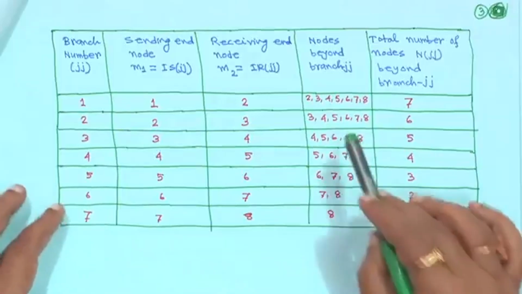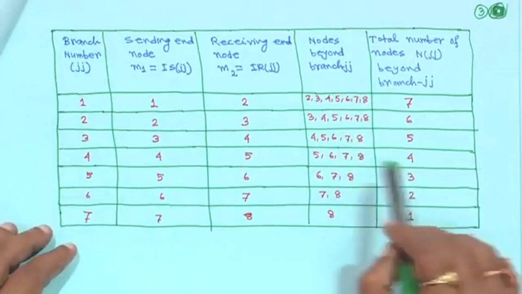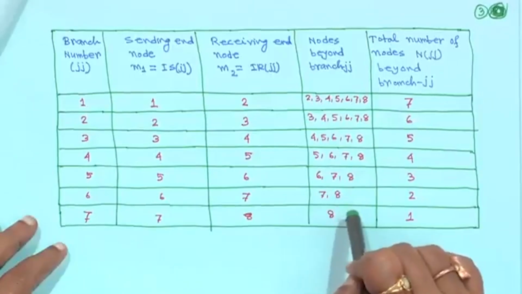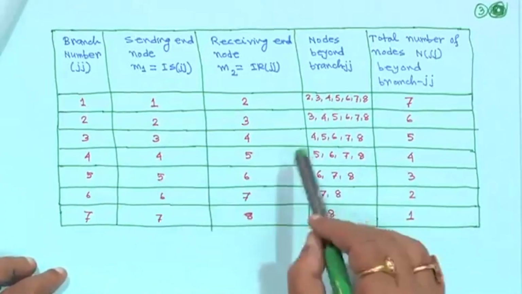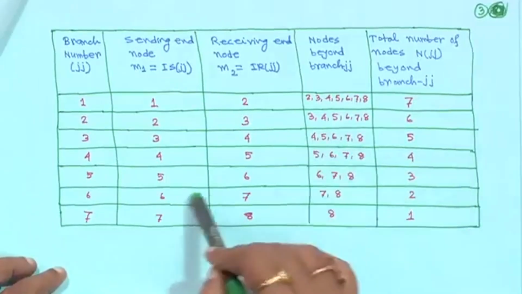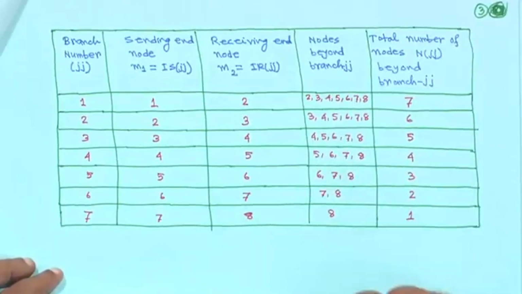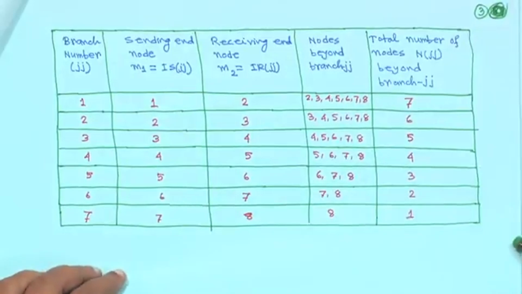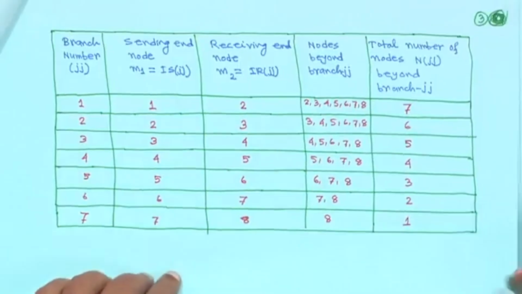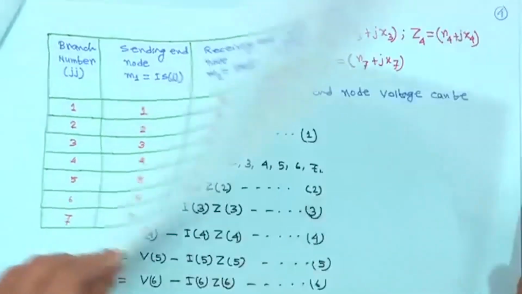You have to mark the numbers on the network, all branch numbers, sending end, receiving end, everything, and accordingly prepare the table, right. This data you have to feed to the computer, you have to read all these things, but the procedure is not Newton-Raphson or Gauss-Seidel, right. So, first this data preparation is simple.